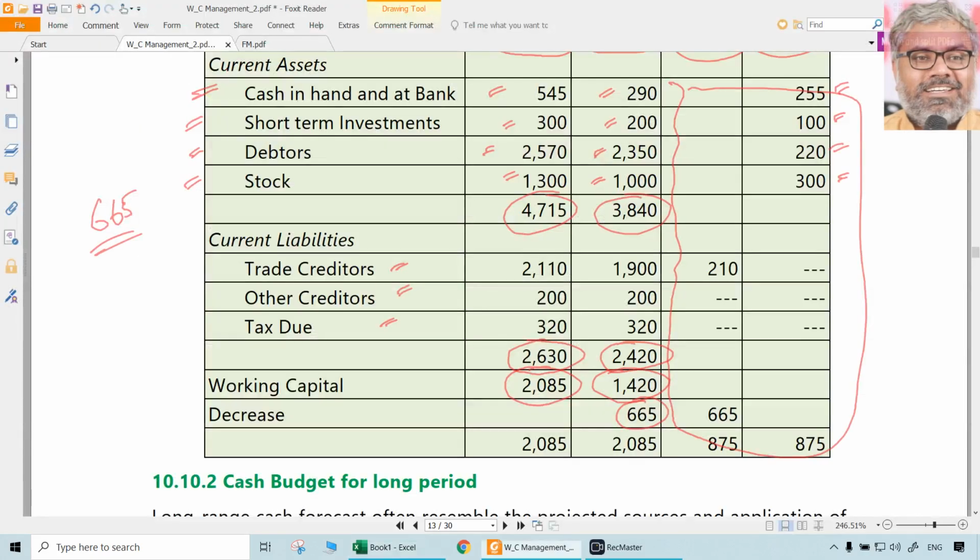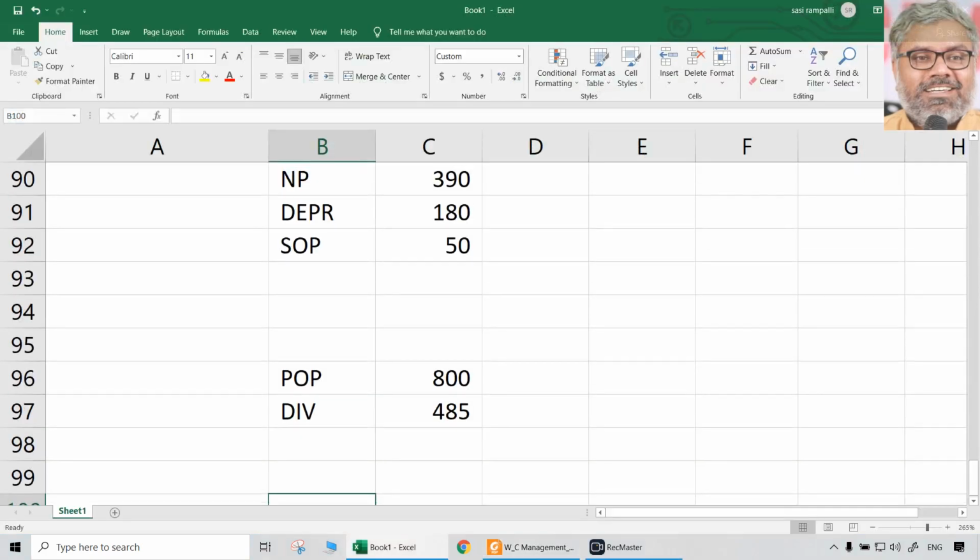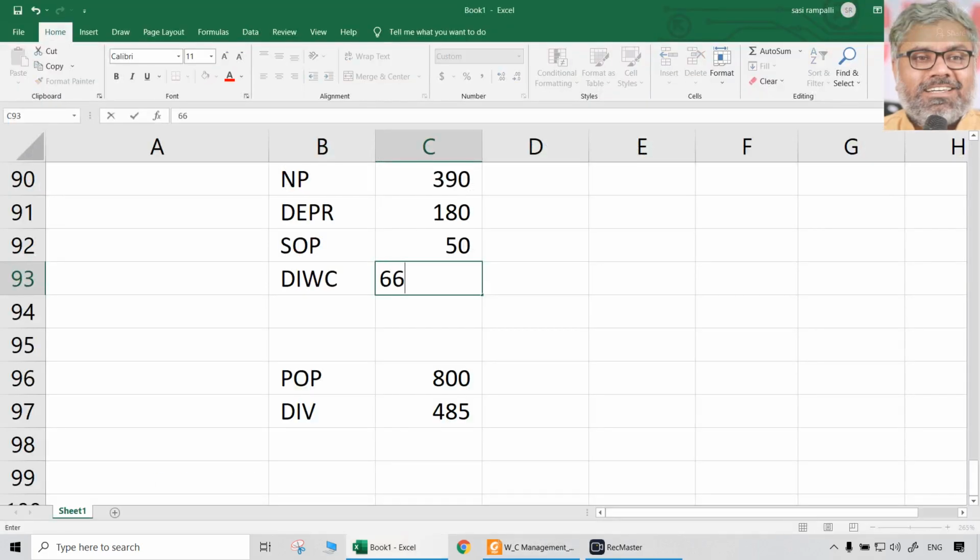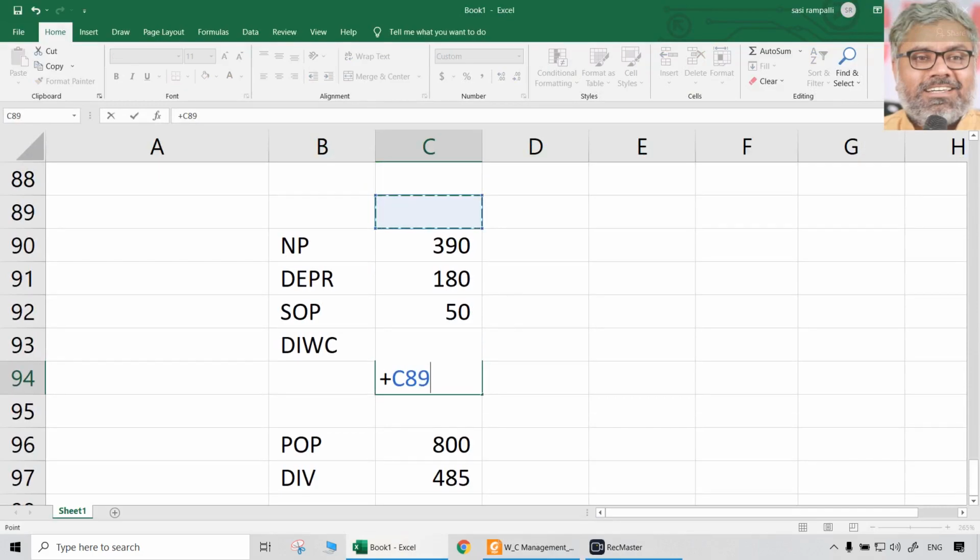Now you have to remember again the cash flow statement. Decrease in working capital is inflow or outflow? Decrease in current assets, for example, is inflow or outflow? Naturally, inflow. So 665 has to be taken here as decrease in working capital, added to the source of funds. So what are all the sources of funds? Here, net profit, add depreciation, add sale of plant, add decrease in working capital.